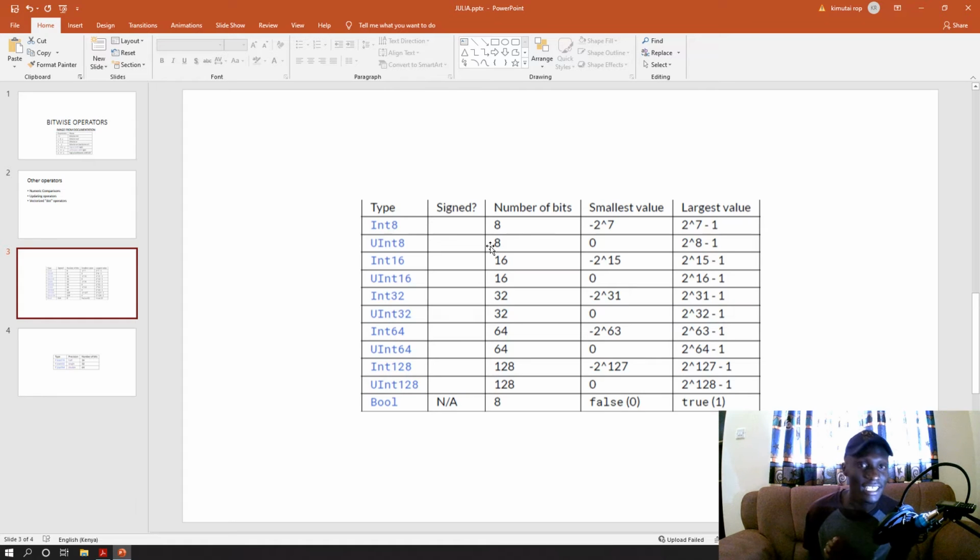Unsigned integers always start from 0 and go up to the largest number, which is 2 power 128 minus 1. That is it about unsigned integers.